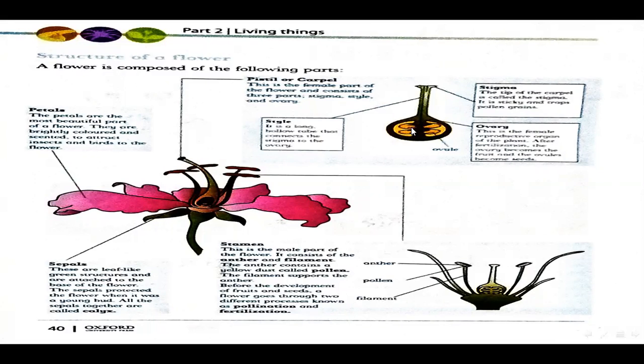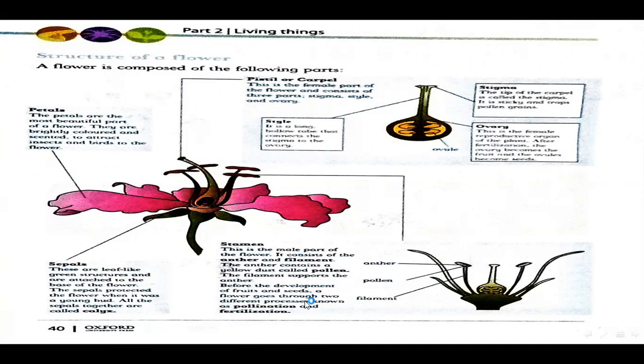These are the female reproductive organs. After that, the stamen is the male reproductive organ, which has the anther. This one is a supportive structure called the filament.